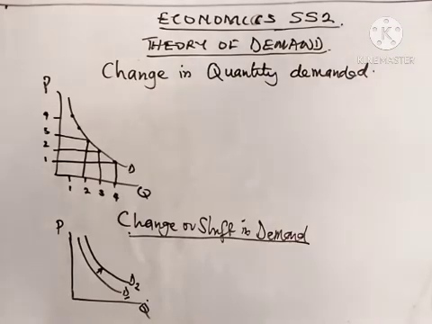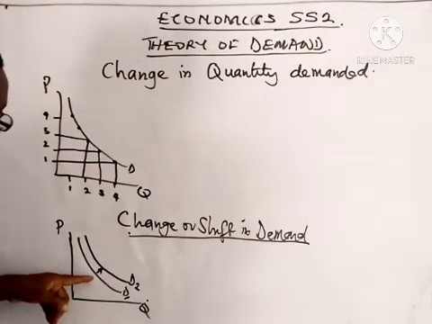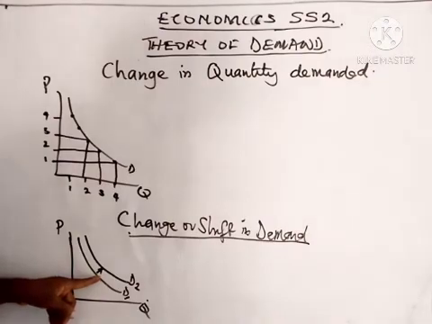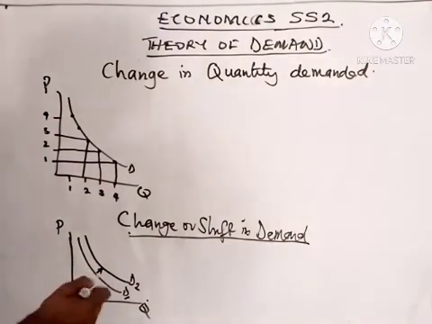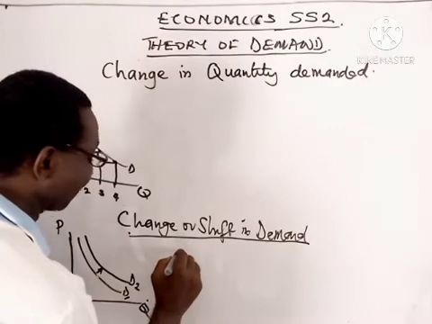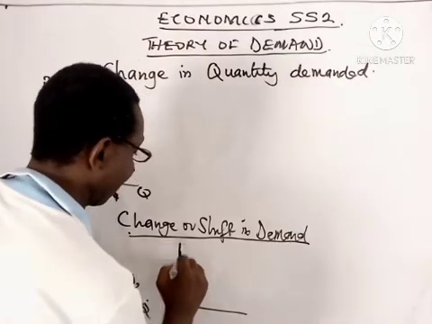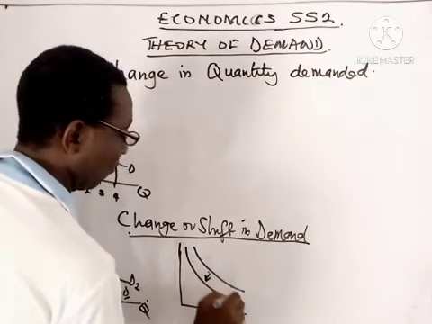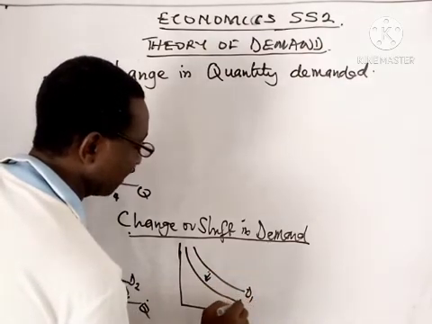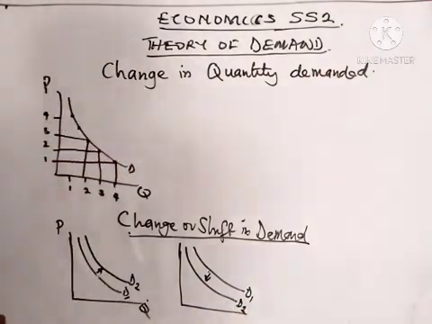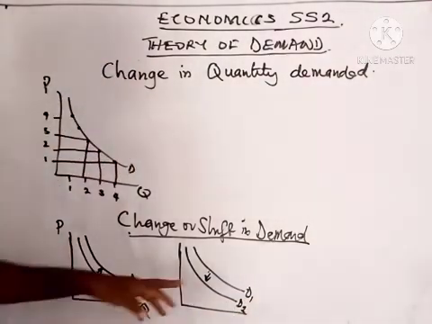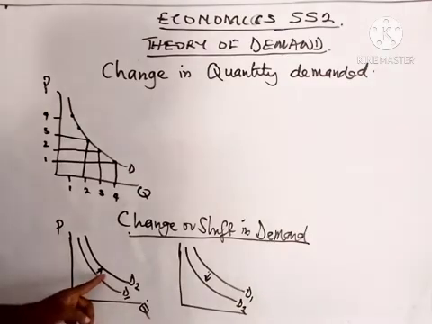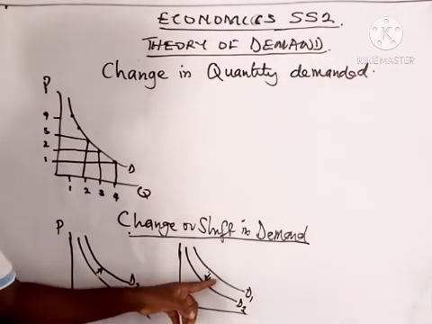Now, we are talking on this one when there is a decrease. For this one, this is a decrease in demand. And where you have another graph, whereby this one is now your D1, this one becomes your D2, you are talking of decrease in demand. This is increase in demand. Why is this one decrease in demand?